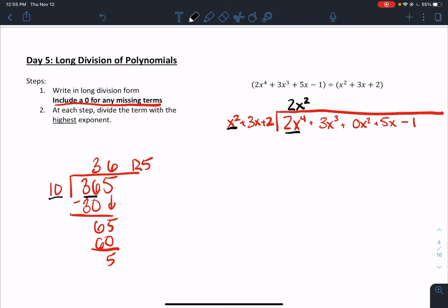I need to make the 2 the coefficient, and I need 2 more x's multiplied in to make those two things the same. So now, just like when I took this 3 and multiplied it by 10, I'm going to do the same thing with the 2x squared. I'm going to multiply it into the divisor. I'm going to have to distribute. So I'm going to get 2x to the 4th plus 6x to the 3rd plus 4x squared.